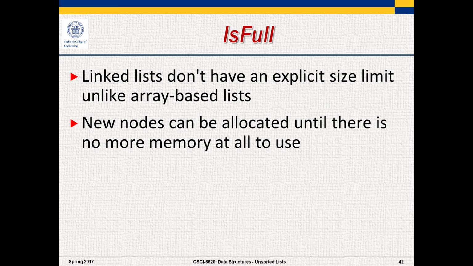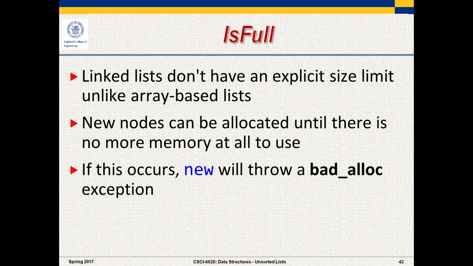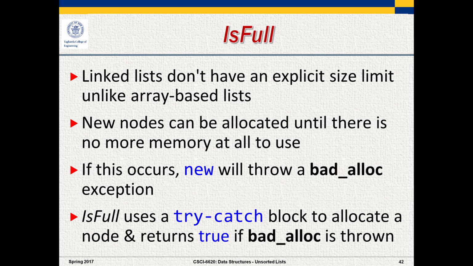and you don't have vast amounts of memory, it is conceivable that the C++ new call, which is what you use to create a new object, in our case a node struct, will throw an exception. In this case, a bad alloc exception, because it couldn't do the allocation. So IsFull will use what's called a try-catch block. Those are what you use to try to catch anything that might throw exceptions at runtime.